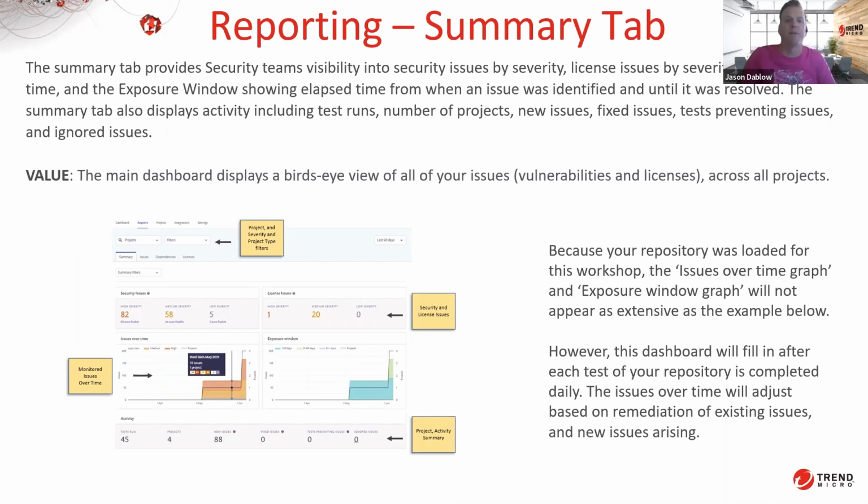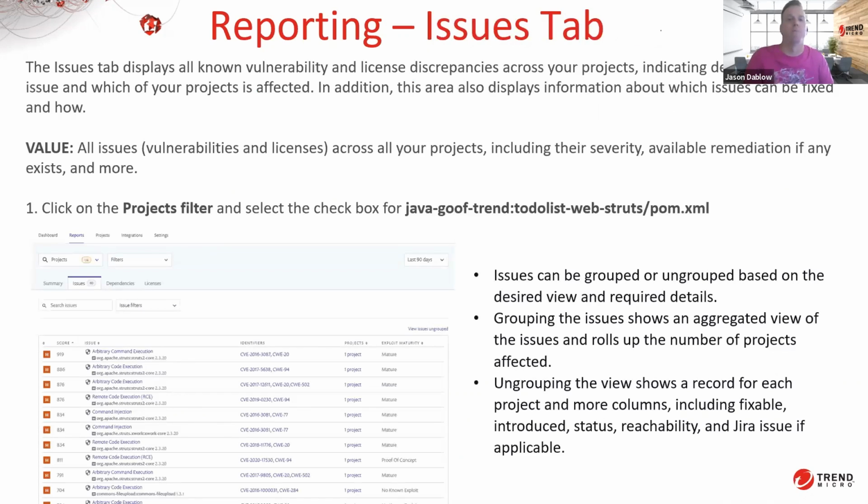It gives that kind of timeline on the window of exposure that your organization is vulnerable to based on the different issues that are found, and again, based on the different open source libraries that have been brought into a different project also.